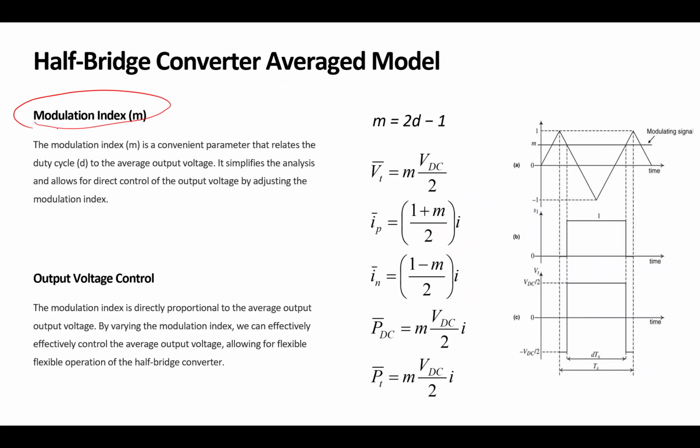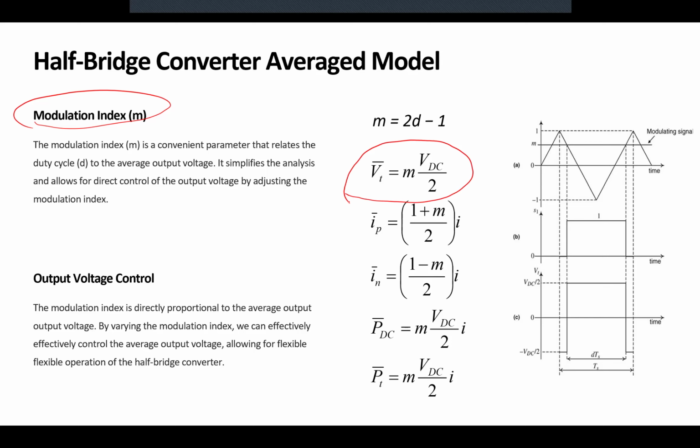But you are going to see this is not just being lazy. It has a significance. You are going to see later on what M is and what the significance of M is. So we define the modulation index as that 2D minus 1, that multiplication of the voltage. And now our terminal voltage is M times VDC.